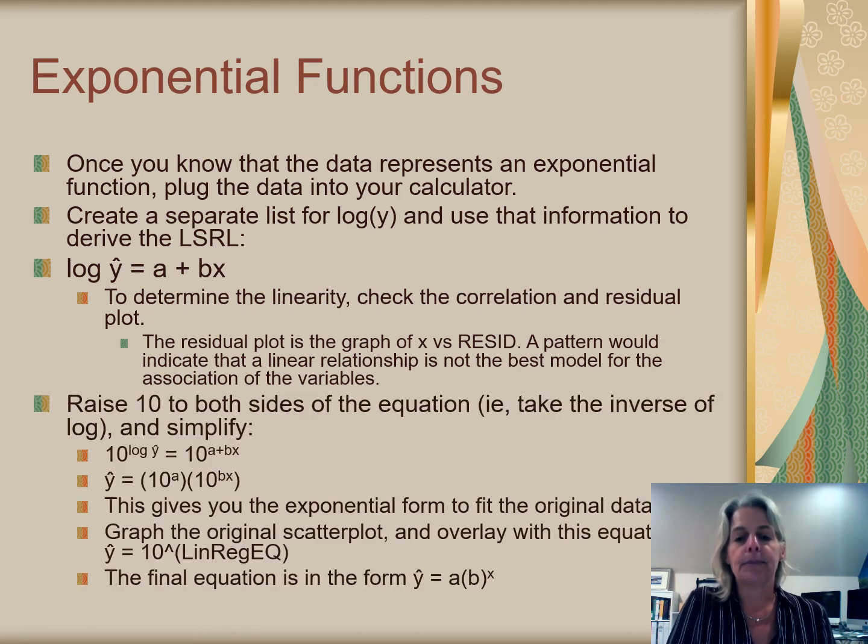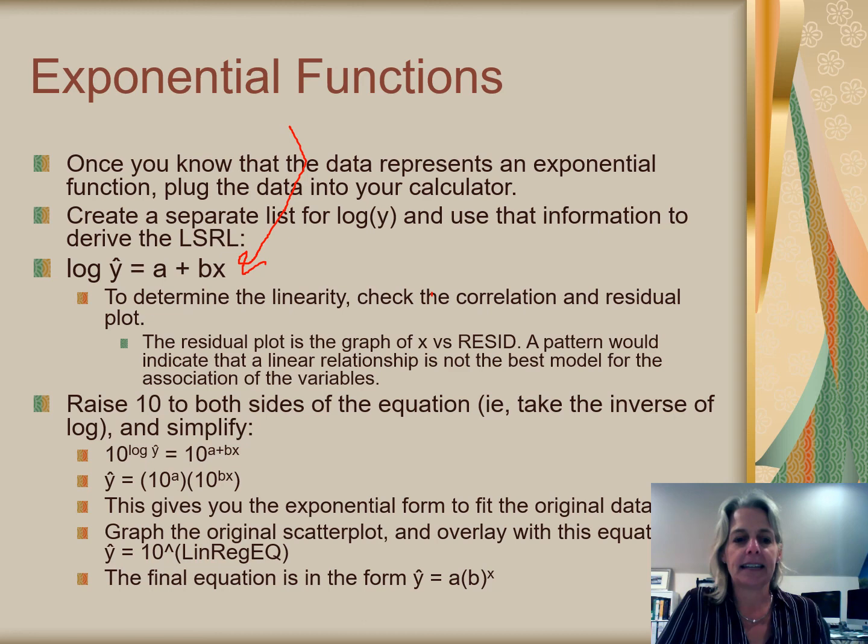So to undo it at the end, if you've decided that this is the best model, or if you're given a problem where the equation is written as they're giving you right here, the log of y hat is equal to a plus bx, then to undo it, we're using log base 10 here.